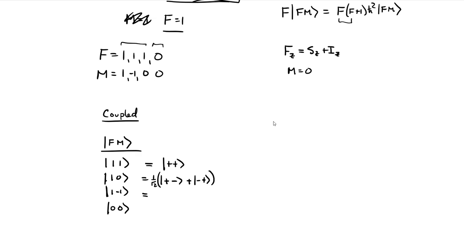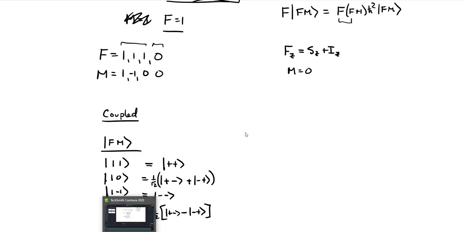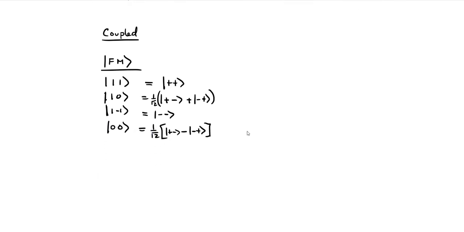The 1, minus 1 state is equal to the minus, minus state, and the 0, 0 state is plus, minus, the anti-symmetric combination of those two unpolarized spin states. And so what we've done is we've related the coupled to our uncoupled basis here.